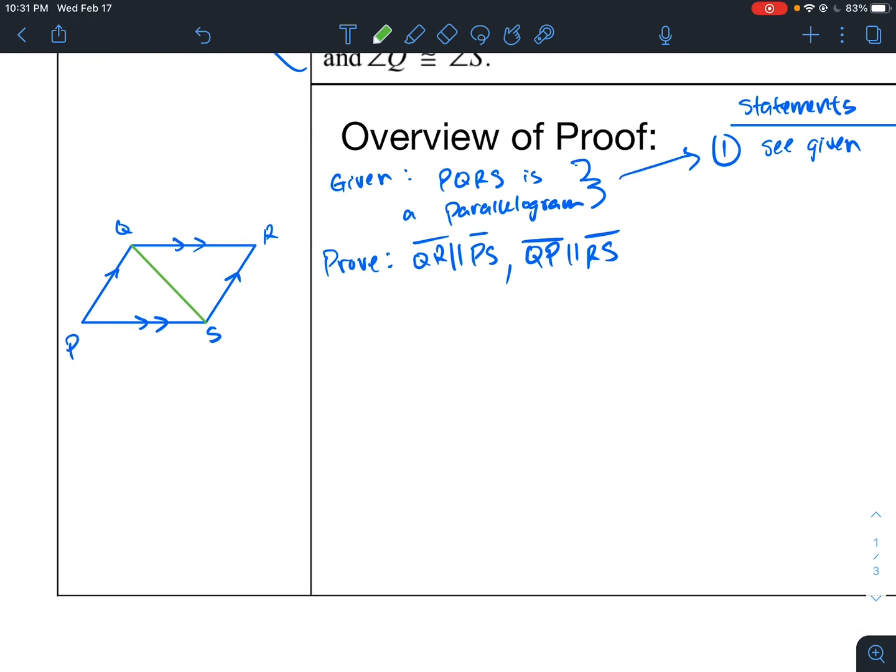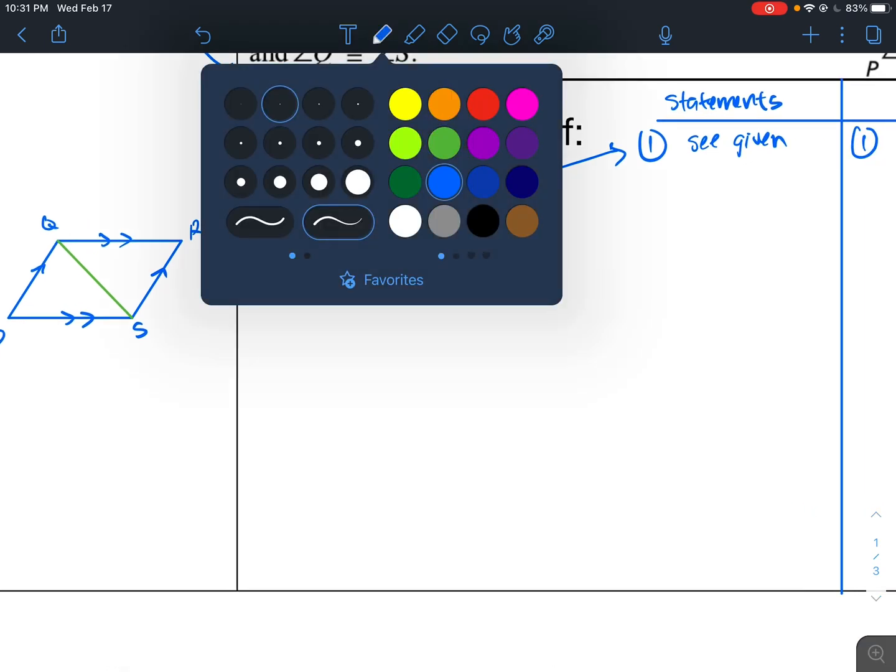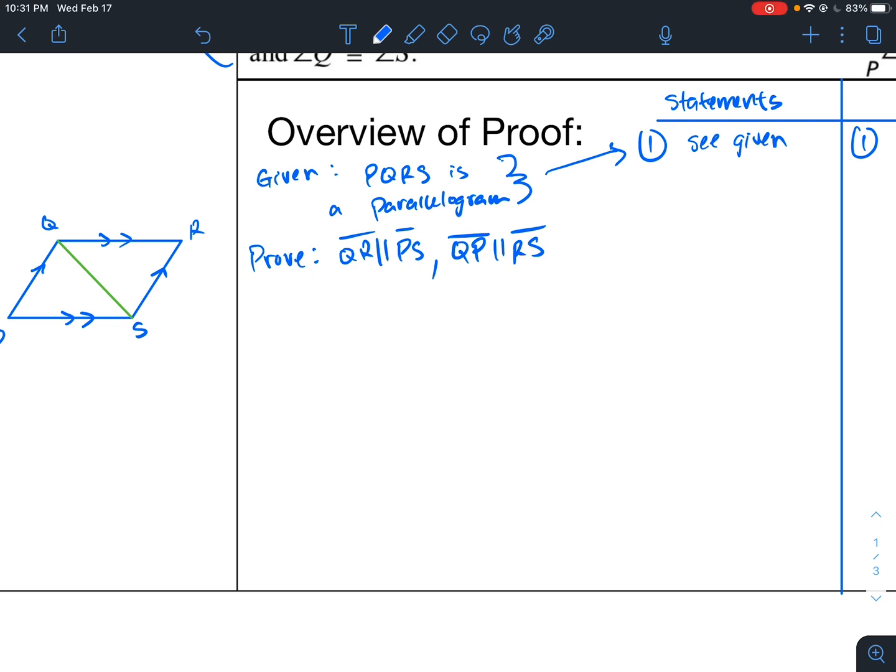Okay, and so what I know following from this definition, I know that QR, sorry, I totally wrote these wrong. This should be congruent. We're trying to prove that these are congruent.